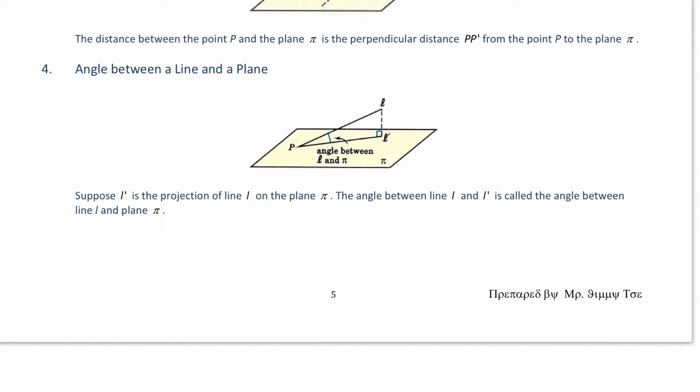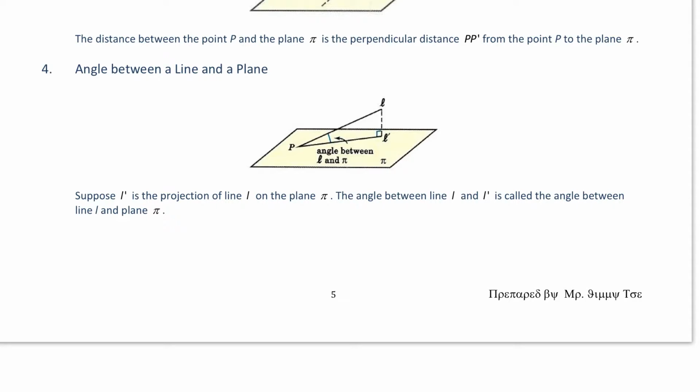In S3, we have already discussed how to identify the angle between a line and a plane. Suppose we have a straight line L. What is the definition of the angle between this straight line and the plane pi? First of all, you need to find the projection of L on the plane pi, that is L pi.